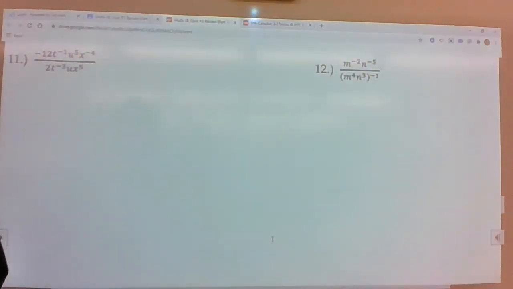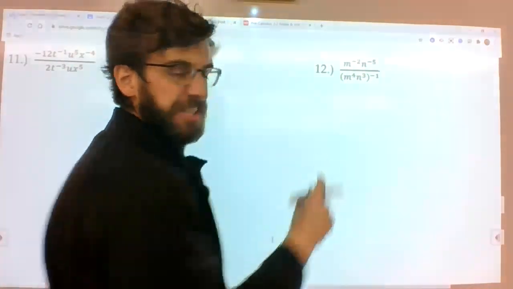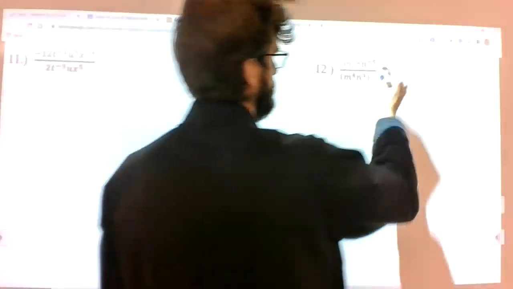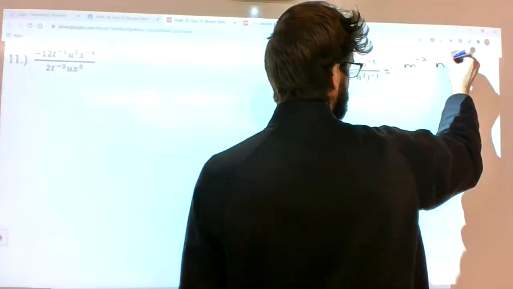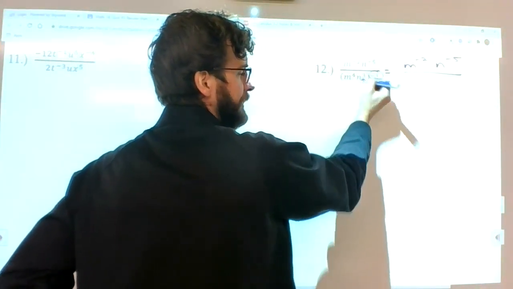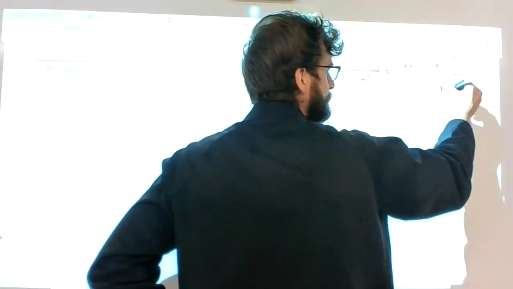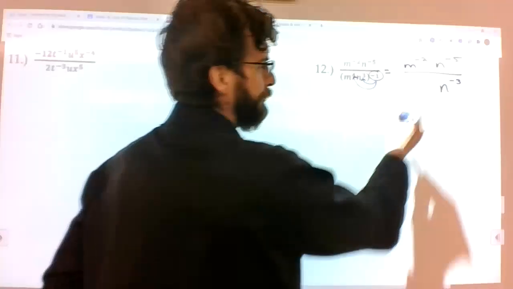Number 12. I'm going to get rid of parentheses first. So the top is m to the negative 2, n to the negative 5. When I distribute this negative 1, I'm going to get n to the negative 3 and m to the negative 4.